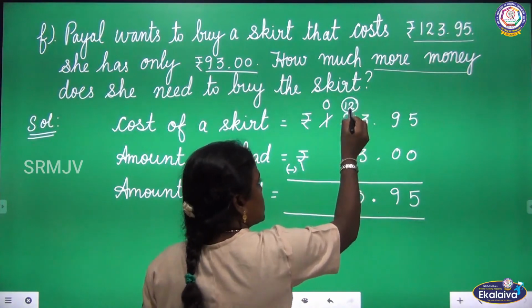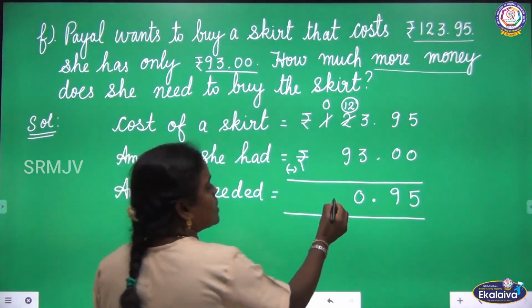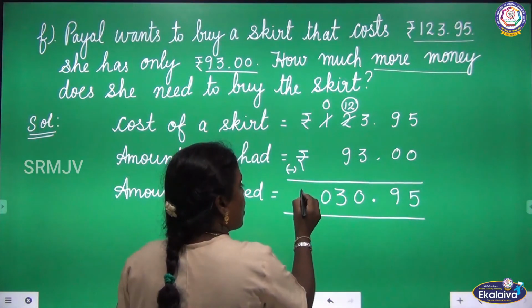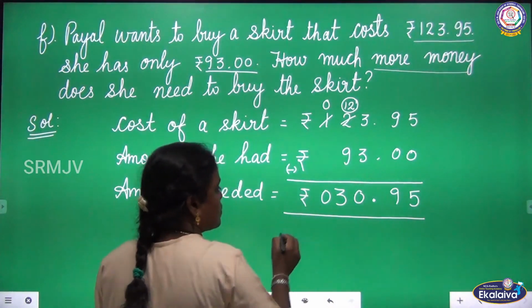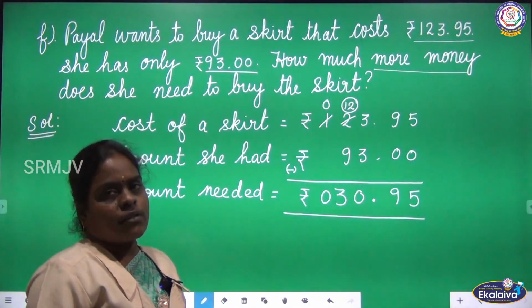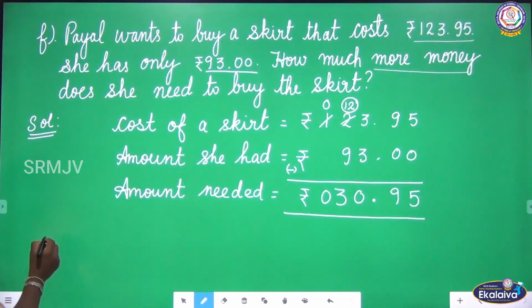So now we are going to subtract 12 and 9. 12 minus 9 is 3, and here we have 0, copy down, and rupee symbol. So she needs 30 rupees 95 paise more to buy the skirt. Let us write the answer.